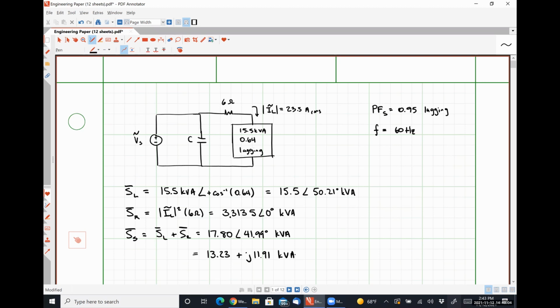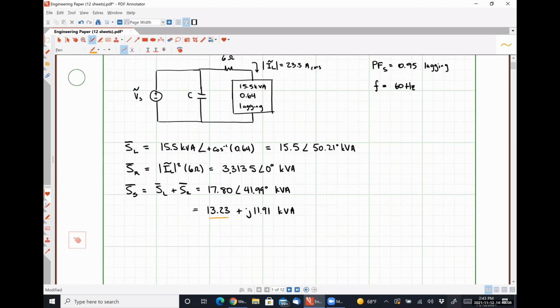kVA. All right, so I'm going to make a note here real quick. This quantity right here is theta old. How do I find theta new?